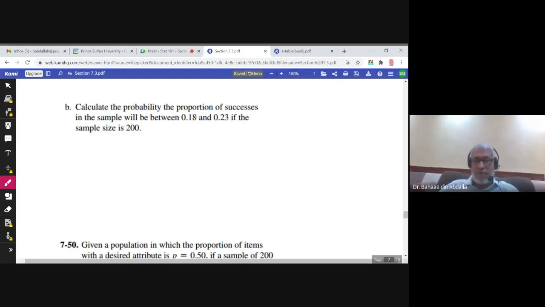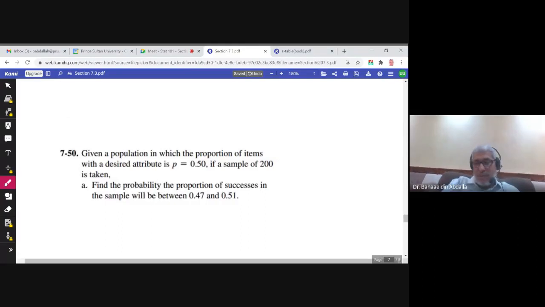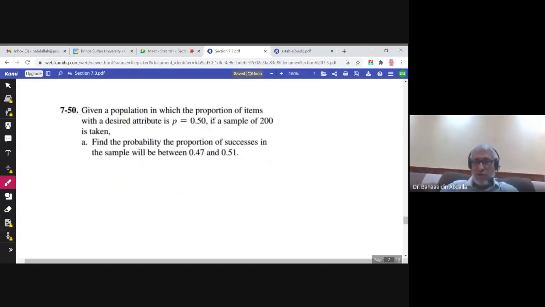Calculate the probability of the proportion of success between 0.18 and 0.23 if the sample size is 200. This is just similar. Please do it. Another question: given a population in which the proportion of items P is 0.5, sample of 200, find the probability that the proportion of success in the sample, so P bar, is between 0.47 and 0.51.